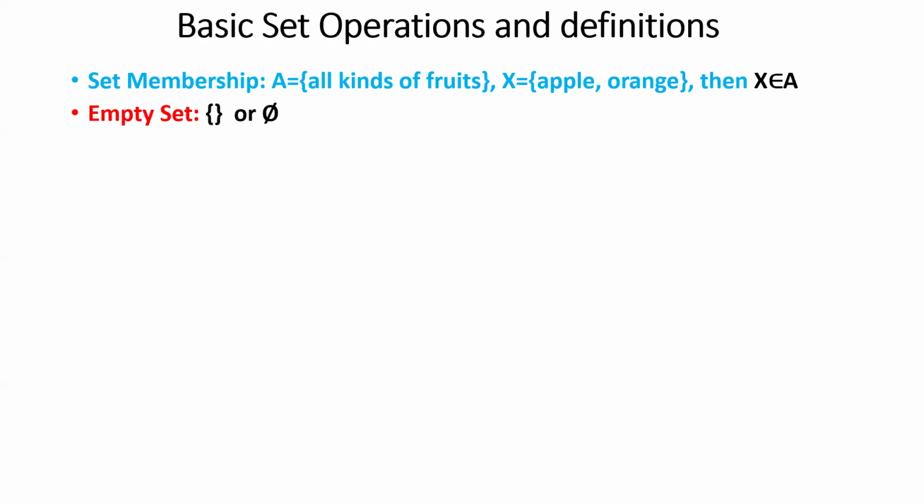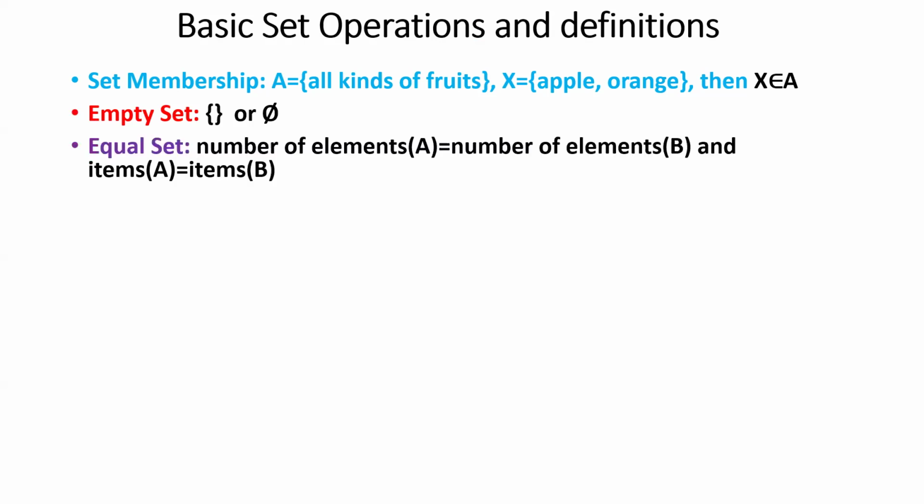A set containing no elements or with zero cardinality is called an empty set or a null set. It is denoted symbolically by the two curly brackets. Two sets A and B are equal if they have the same number of elements and the items in both sets are the same.